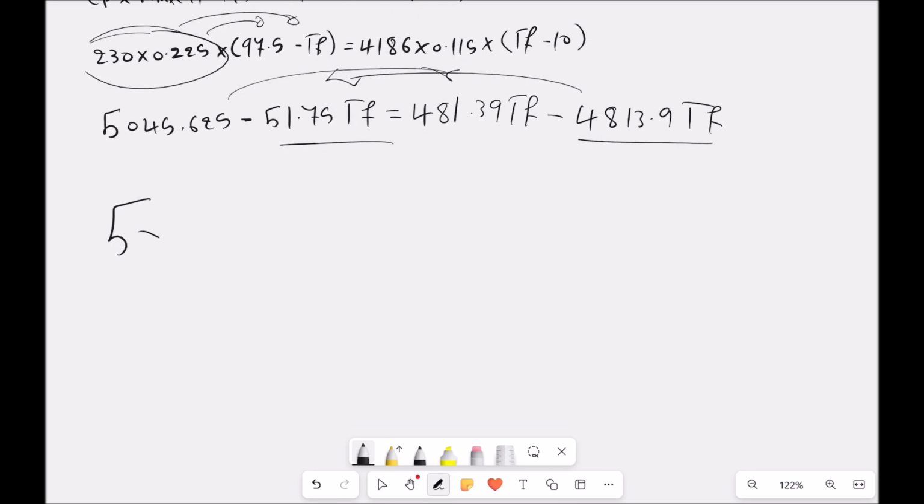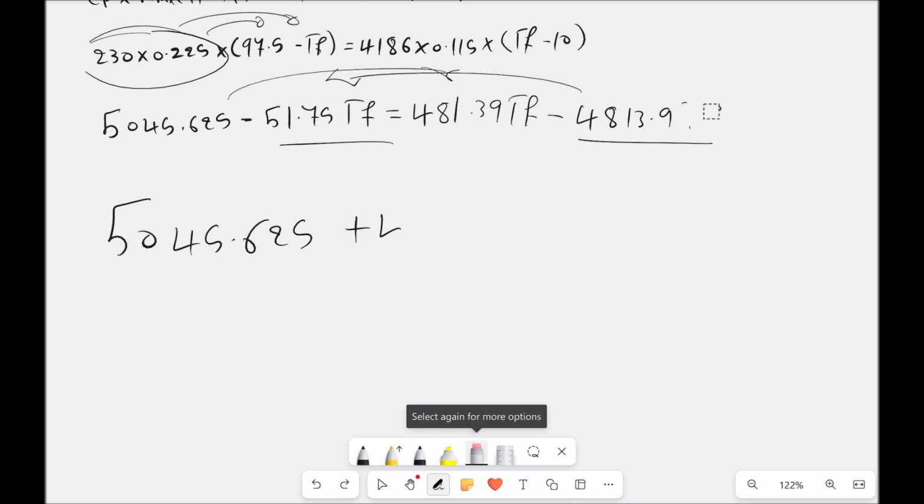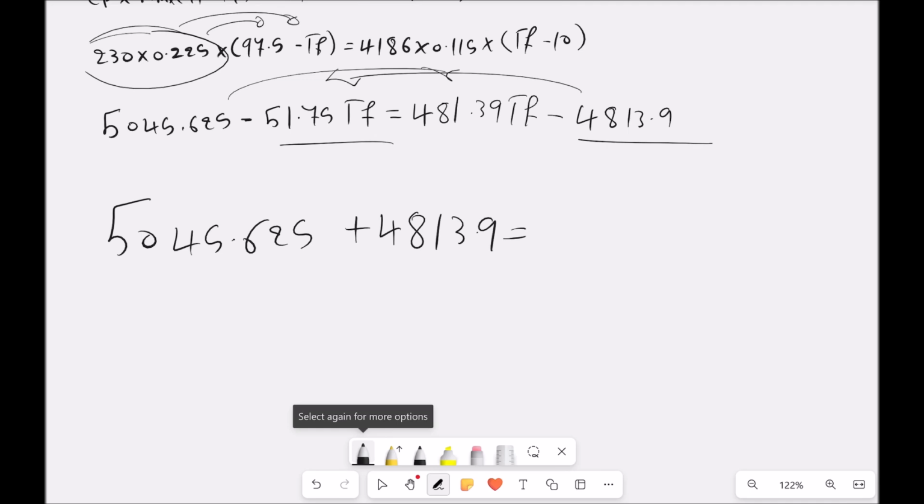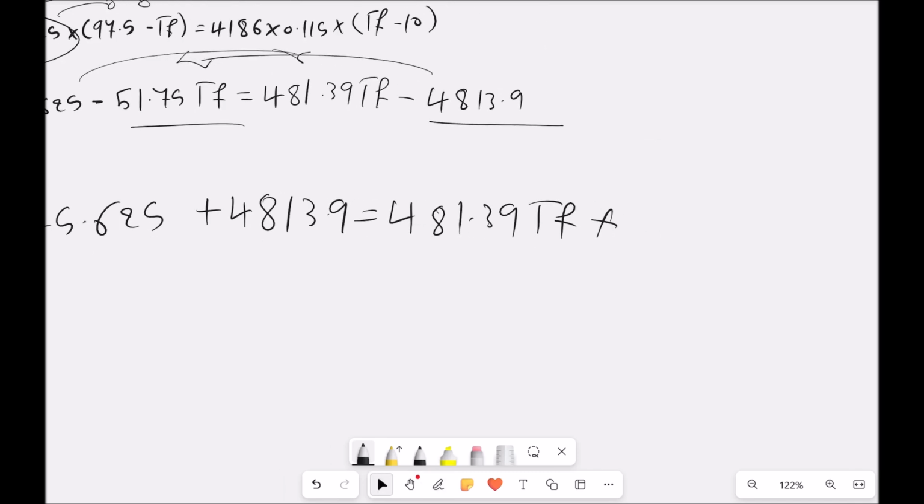So you get 50,045.625 plus 4,813.9. Sorry, this is not T final, this one is not T final. This becomes 481.39 T final plus 51.75 T final.